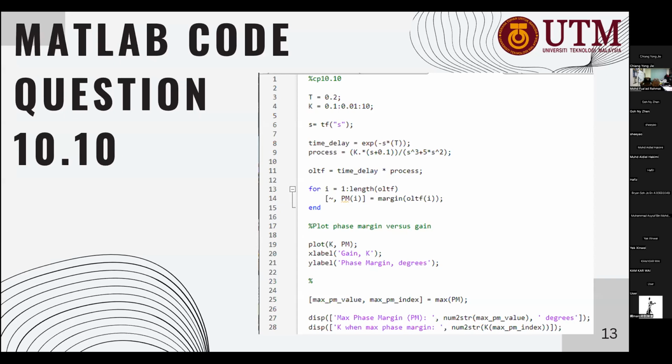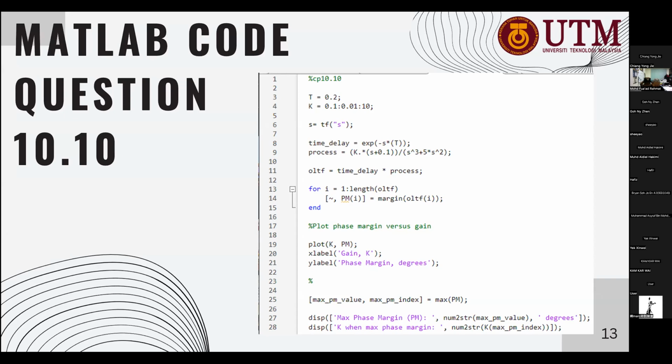So now this is our MATLAB code. So first in the code we will initialize the specification given, and then lines 8 and 9 are the transfer function, and they will be multiplied together to get our transfer function in line 11.